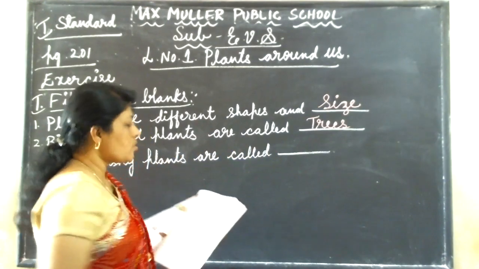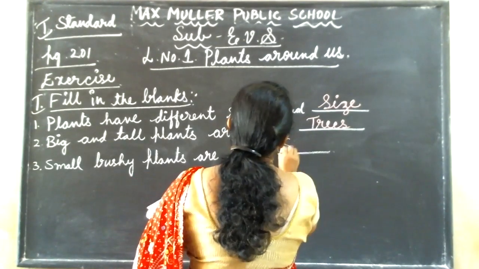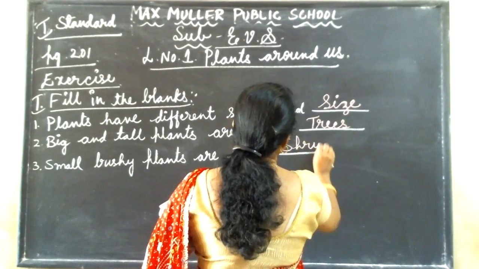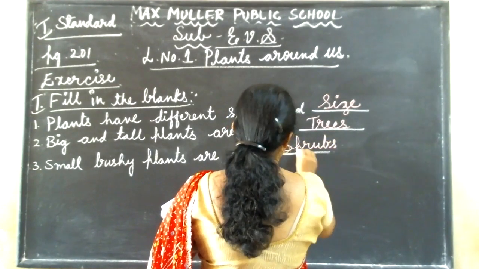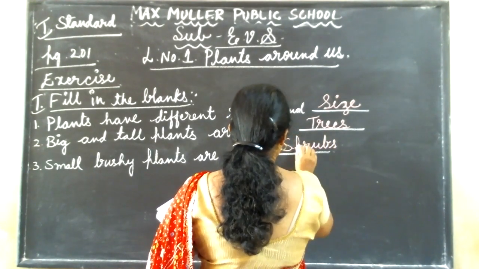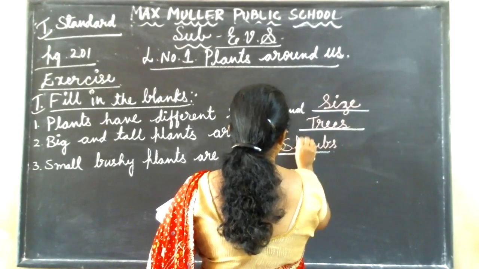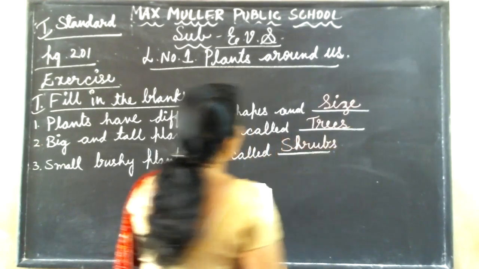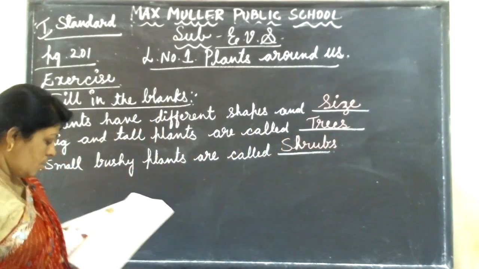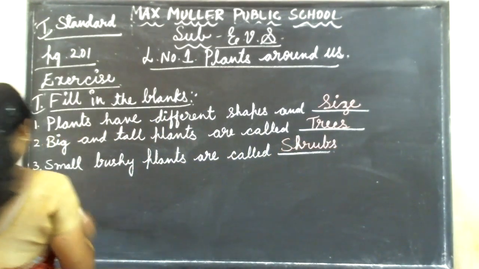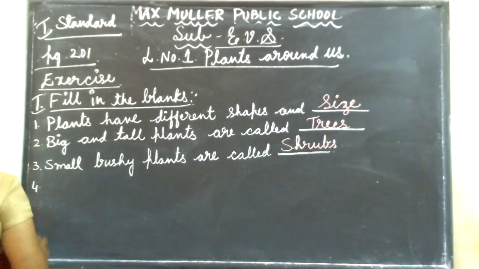Small and bushy plants are called shrubs. S-H-R-U-B-S. Okay. Then come to the fourth one.